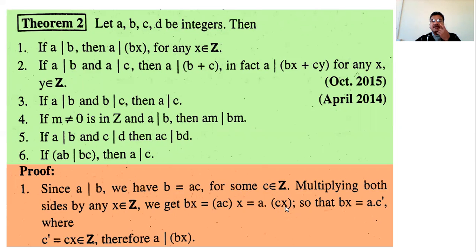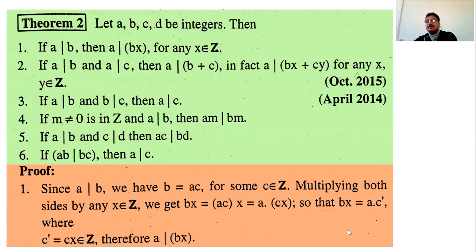C and x are both integers, and therefore Cx is an integer. We denote Cx by C dash, which is an integer. Therefore Bx is expressed as A times C dash, for some C dash belonging to Z, and therefore A divides Bx.